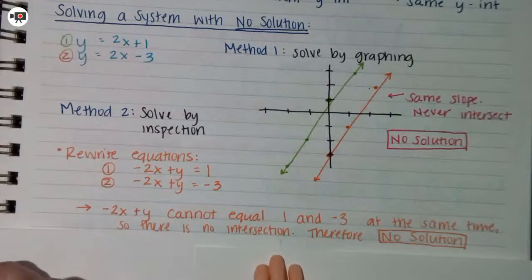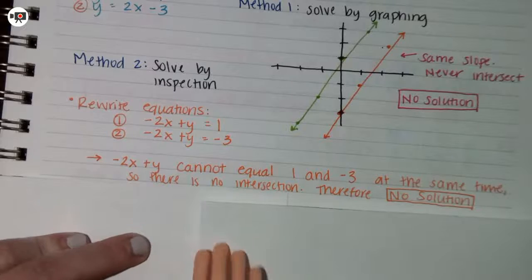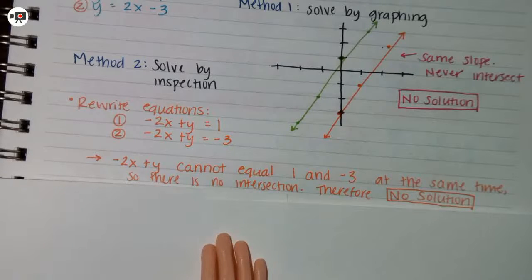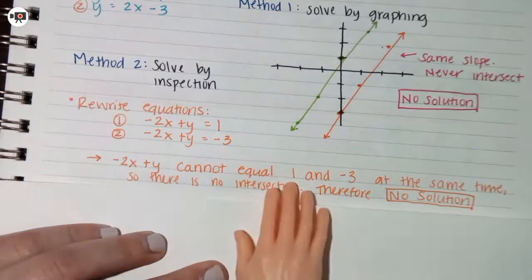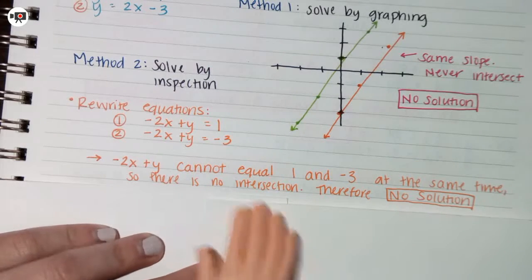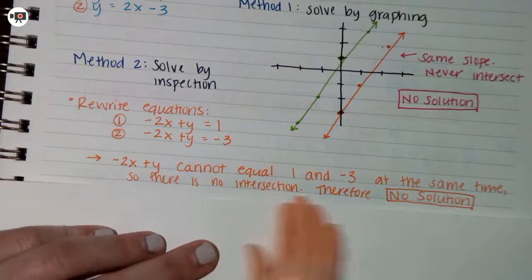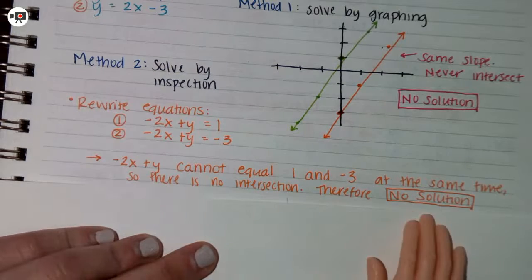But negative 2x plus y cannot equal 1 and negative 3 at the same time, so there is no intersection. For it to equal the same number, that means it would have something in common. It would have a point of intersection. So from this reason, there is no solution.